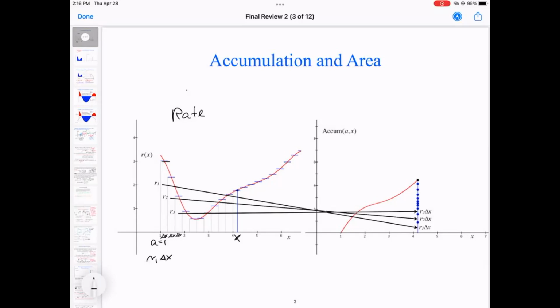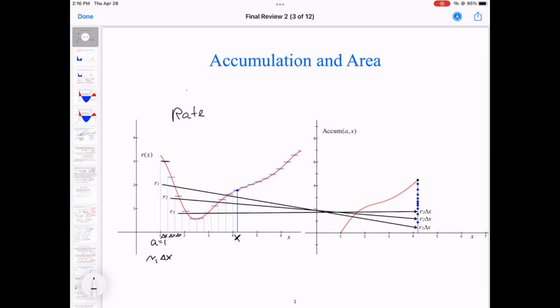That's going to be the distance traveled by the car during this time interval right here. I'm building my accumulation, the distance function. It's right here.